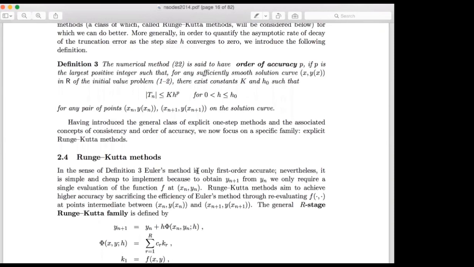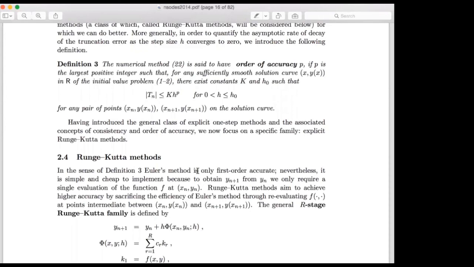Is there any way in a single step method to also increase the order of accuracy? The answer was given by Runge. What he did was use some fictitious node in between.